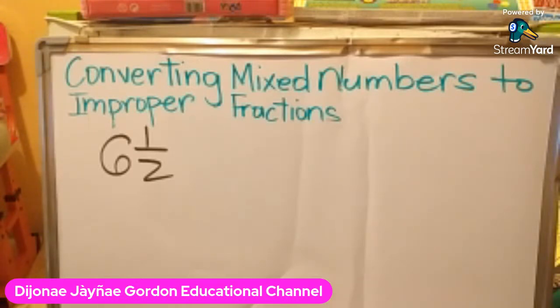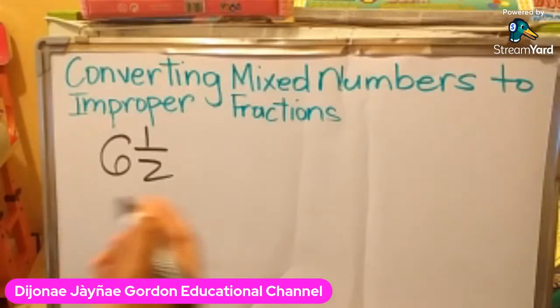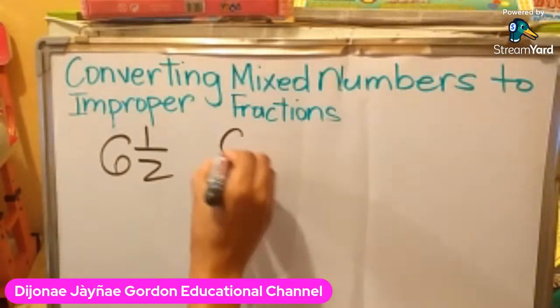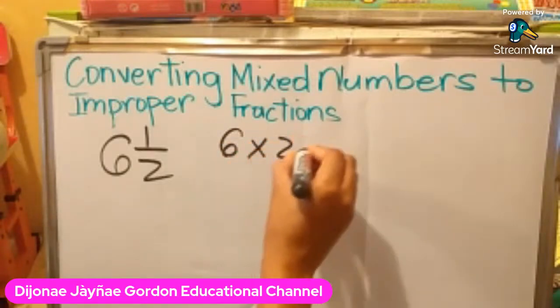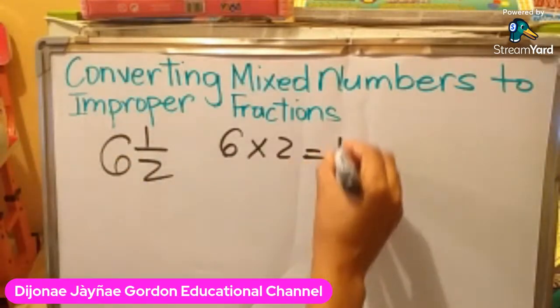All right. I see Riri said 13 over 2. Kara said 13 over 2. All right, let me see if your answer is correct. The first thing we do is to multiply 6 by 2, and 6 multiplied by 2 is 12.